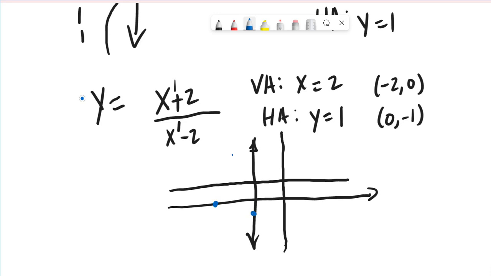Okay, so this graph similarly is going to look terrible in terms of how I try to graph these.